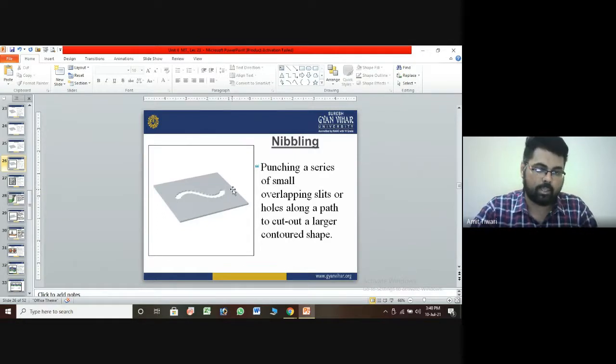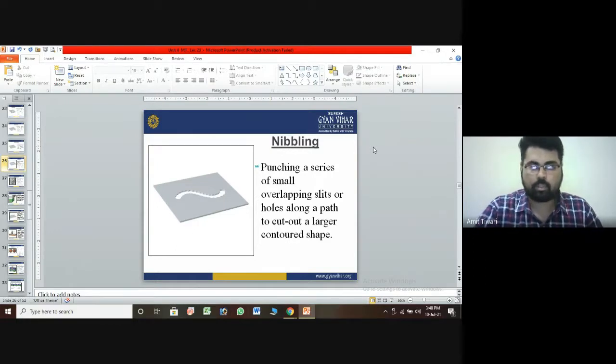You can apply the punch here in a certain process, and after removing the material from that area, you can find this product is fabricated. This product is fabricated by applying the punch on that particular area, and this type of punch is required for the design. So this type is known as nibbling. We can say this is a nibbling operation. I hope you understand what the nibbling operation is.